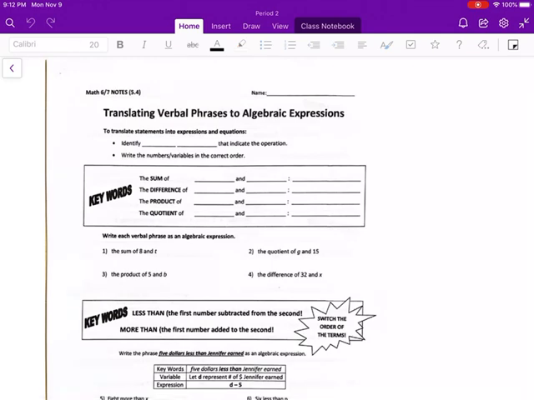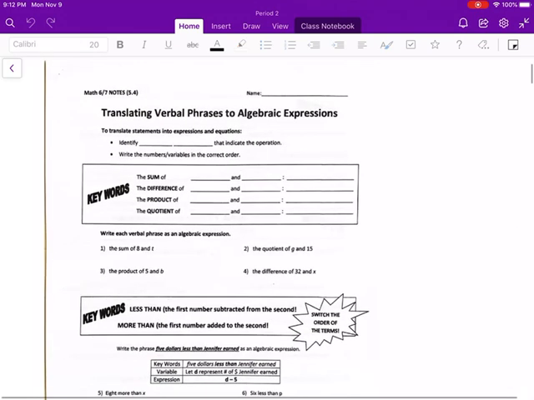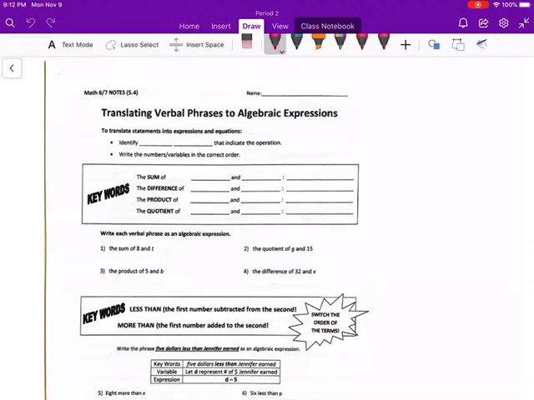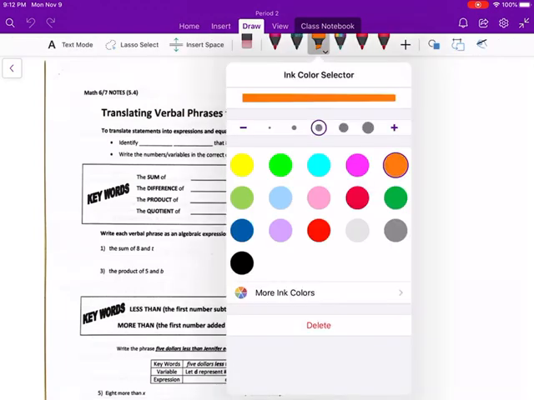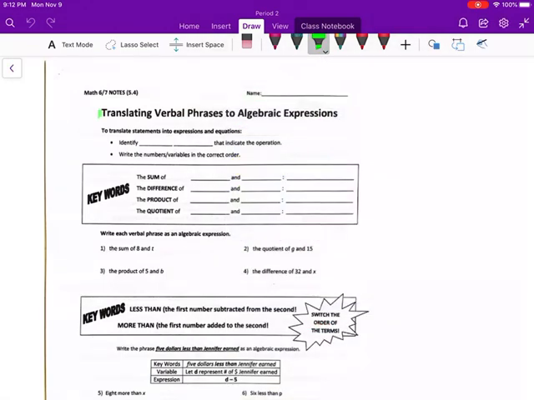Okay, so on page 57, we are going to look at translating verbal phrases into algebraic expressions. This is page 57. All right, so to translate statements into expressions and equations, the first step is identify keywords.